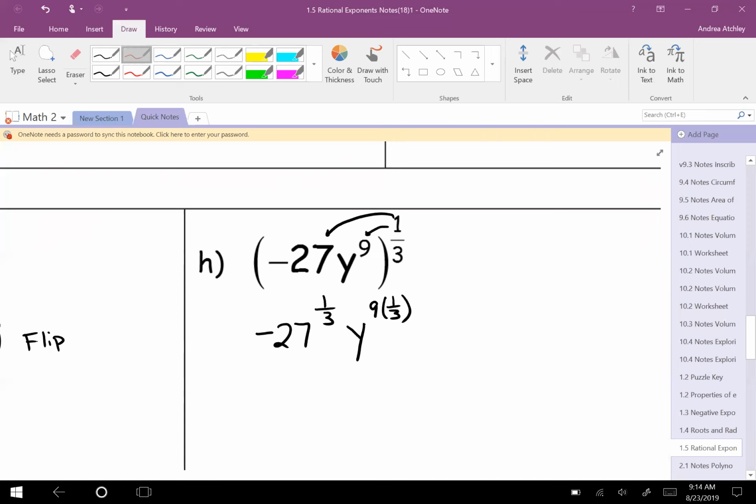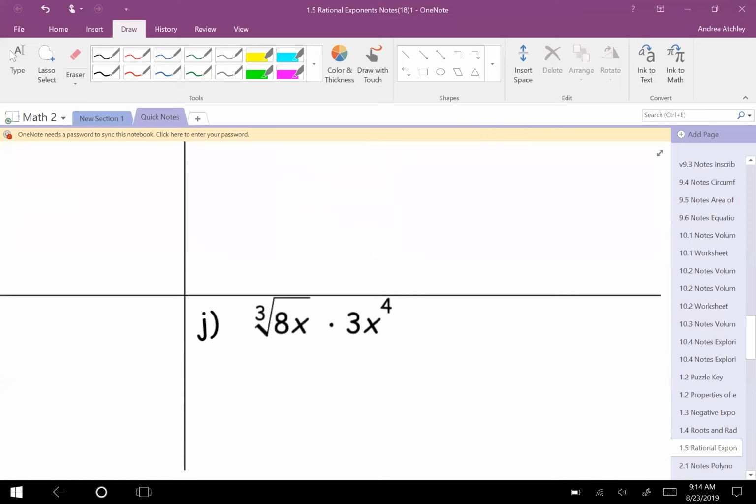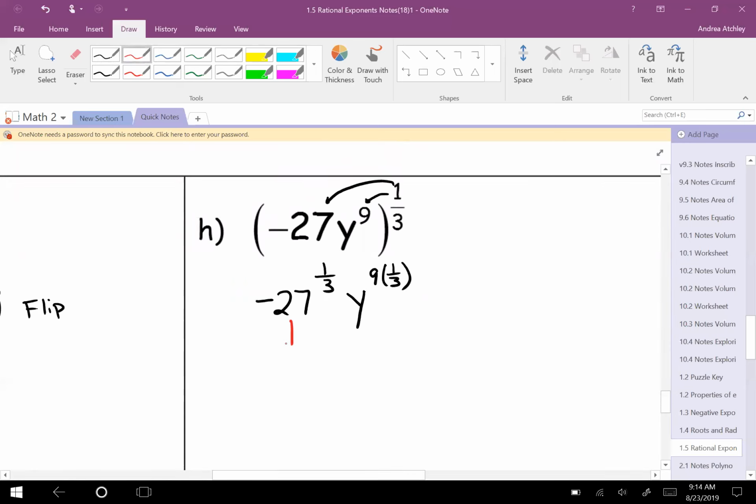Okay, we want to convert this to a radical. I want to change this to the cubed root of -27. What number times itself will give me -27?